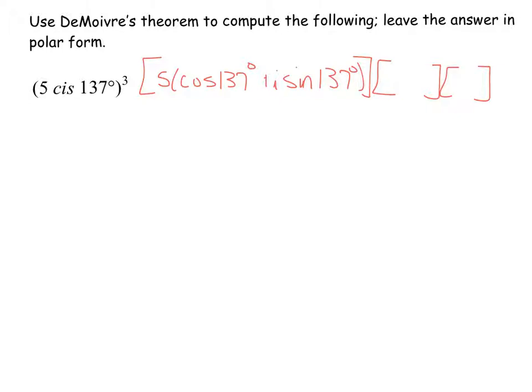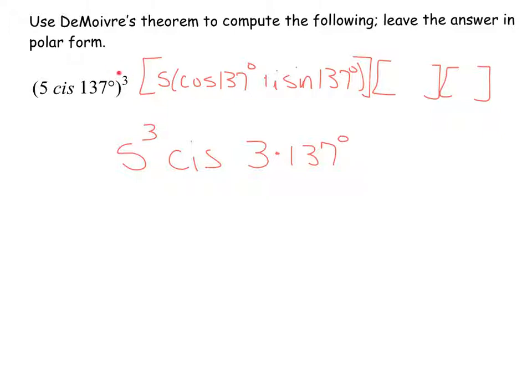What the theorem allows us to do is to say, well, let's just take that r, that 5, and let's raise it to the third power. And then we're going to do the cosine i sine thing, and we're going to multiply the 137 times the 3.